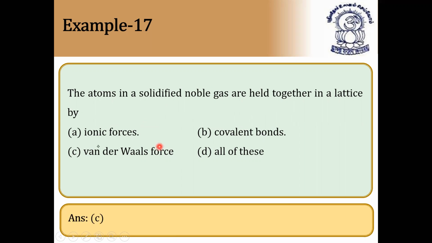It is not an ionic bond or covalent bond. Since they are non-metallic in nature, one might think they should have covalent or ionic bonds. But since they are monoatomic, meaning only one atom in their molecule, they are held together by van der Waals force only. I hope it is clear. Next question.